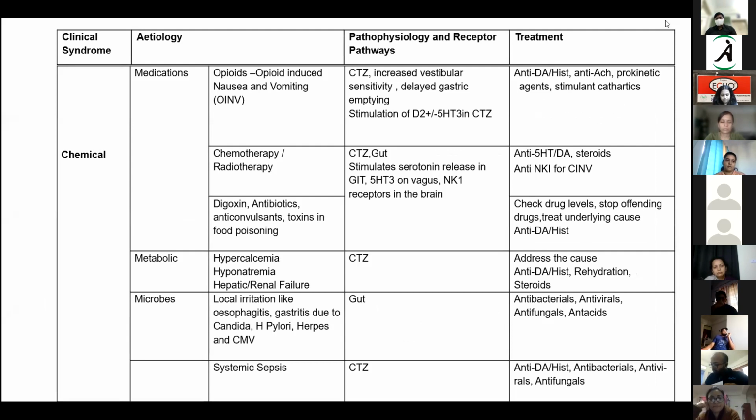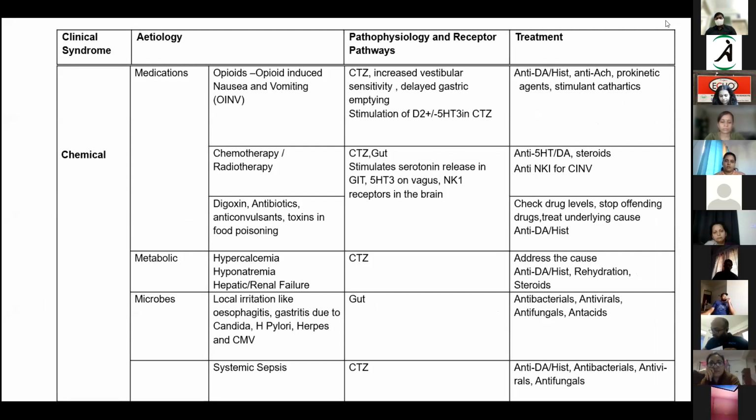Patients with infection, neutropenic sepsis coming up, or who are under your care, may develop pneumonia or GI infections, you're on antibiotics, and those antibiotics could trigger it. Certain anticonvulsants or toxins in food poisoning. So depending upon this, your choice of antiemetic might differ.